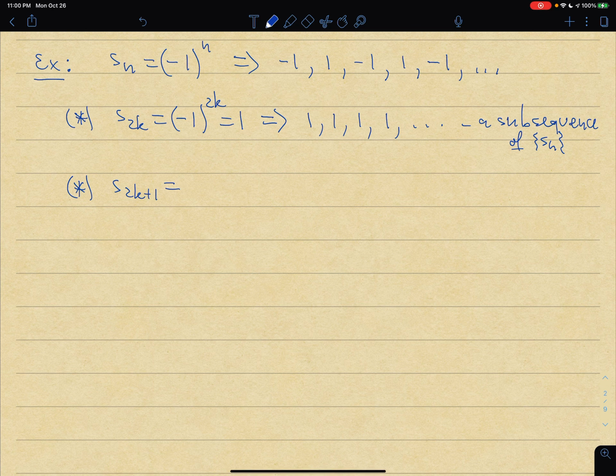S_2k plus 1 will look like minus 1 to the 2k plus 1. Minus 1 to an odd power is minus 1, so this is still minus 1. And this should be true for every odd term. So then I'll see a sequence minus 1, minus 1, minus 1, minus 1, and so on. And this is also a subsequence of S_n.